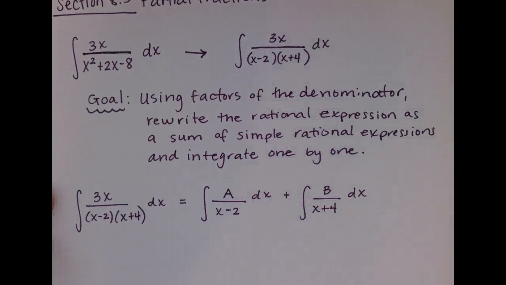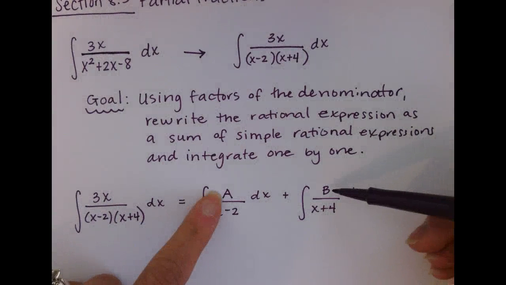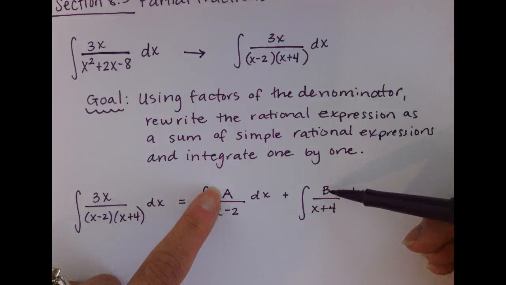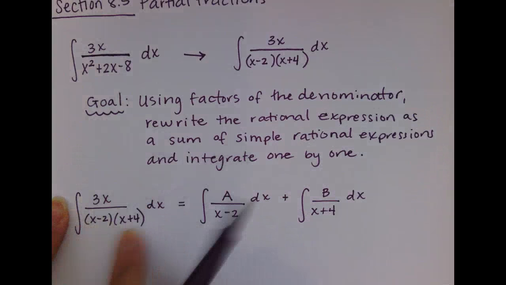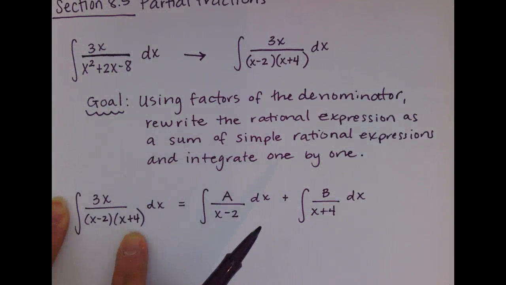And the big job here is trying to figure out what do A and B need to be so that mathematically we have a justified reason that says that summing these two is equivalent to this original expression.